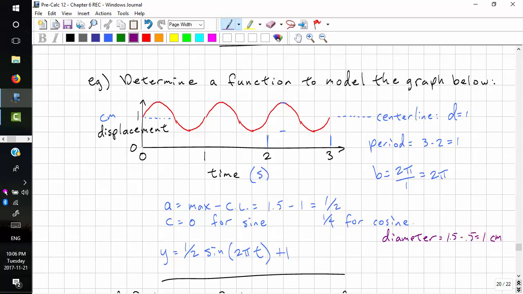If we were asked for the radius, it equals the amplitude, and that's 0.5 centimeters. If we were asked for the hub of the Ferris wheel, it would be on the center line. So the hub would be at 1 centimeter. So it's important to know what all these constants mean and how to answer questions.